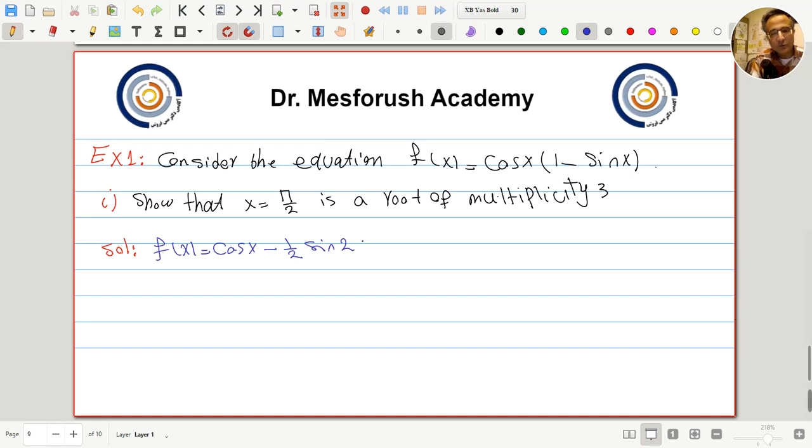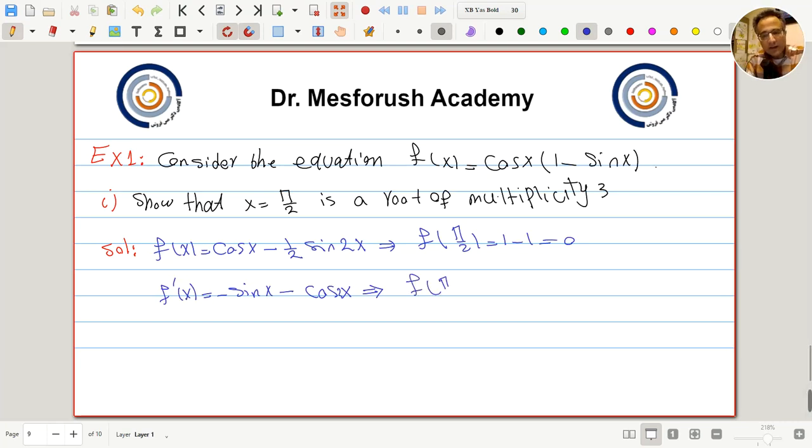Then f of pi over 2 will be cosine of pi half, which is 0, minus 1 plus 1, and it's equal to 0. Now let me compute f prime of x, which is minus sine of x minus cosine of 2x.